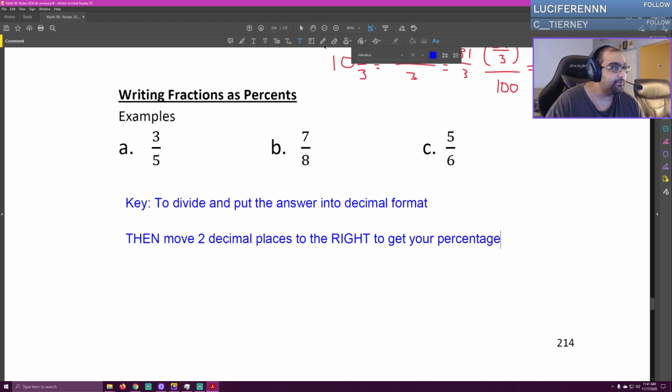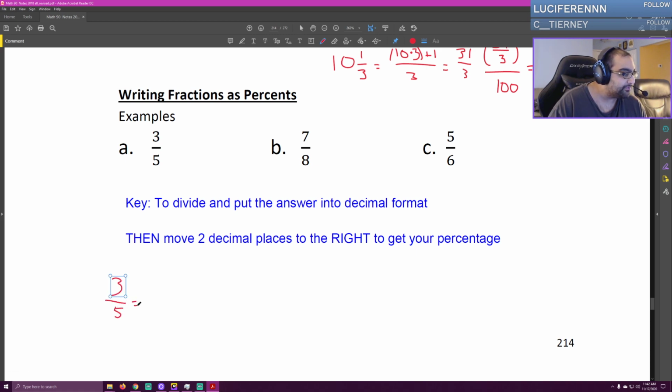So for example here, if we have 3 over 5. Now 3 over 5 is the same thing as doing 3 divided by 5. And you could do that by hand or again use a calculator. Regardless, you're going to get 0.6 here as a result. Now with 0.6, all you're going to do is move 2 decimal places to the right.